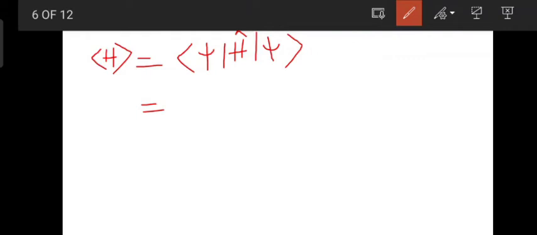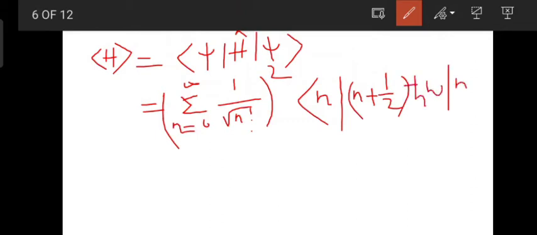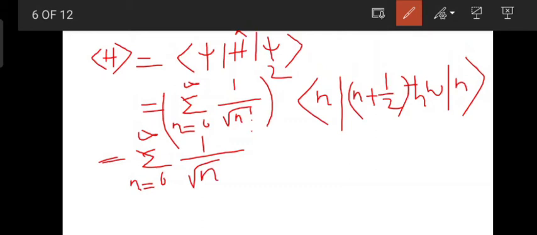If we try to solve it, we will get summation over n equal to 0 to infinity 1 by n factorial, squared, of n plus half h cut omega, which is the Hamiltonian.